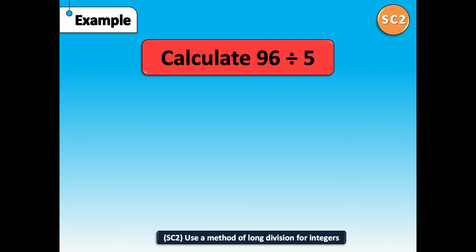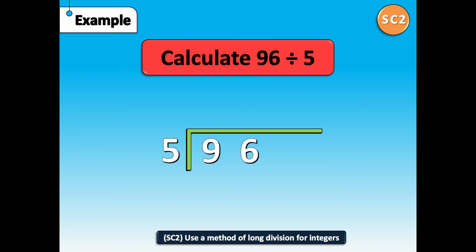This time we want to calculate 96 divided by 5. So again, we use a bus stop method with 5 on the outside and 96 on the inside. 5 into 9 goes once with 4 remainder, and 5 into 46 goes 9 times but with a remainder of 1.